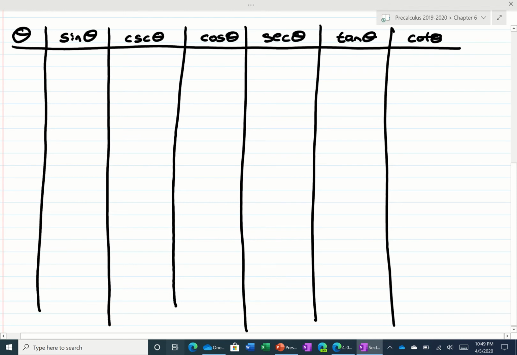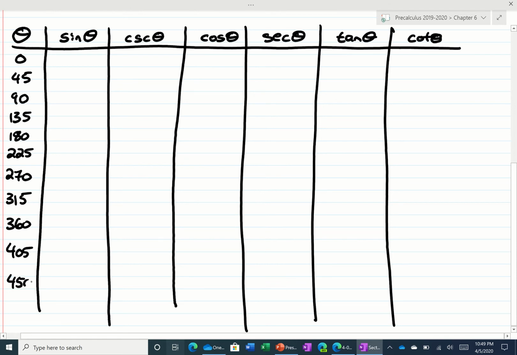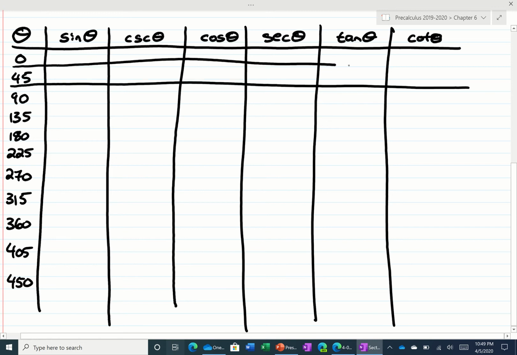So let me show you what I'm talking about. There's 0, 45, 90, 135, 180, 225, 270, 315, 360, 405, and 450. Now this is already drawn for you, so you shouldn't be copying this over again unless you didn't feel like printing out my note sheet.